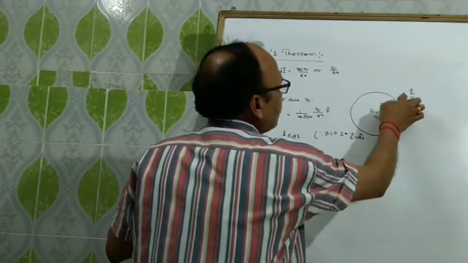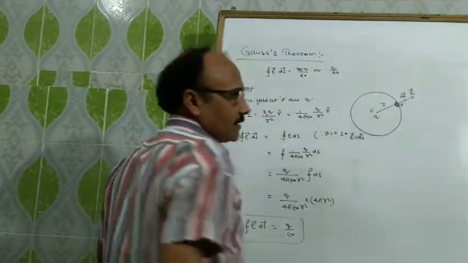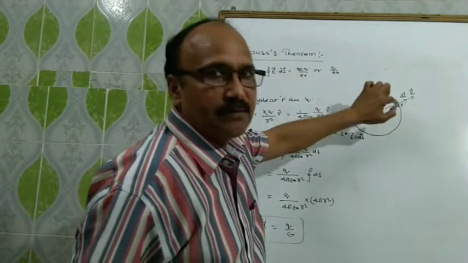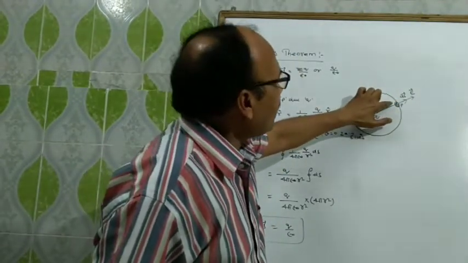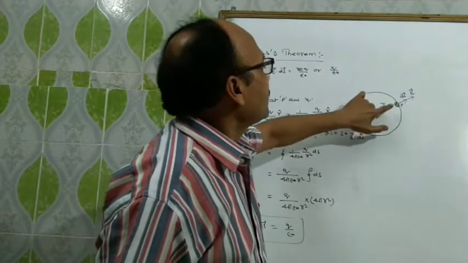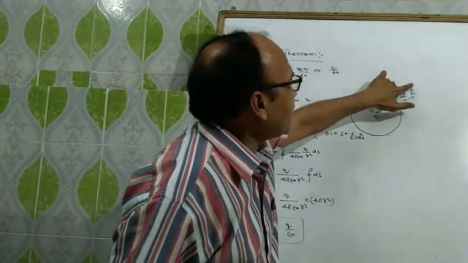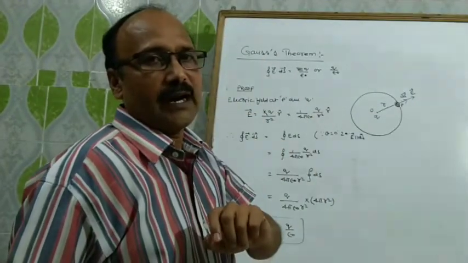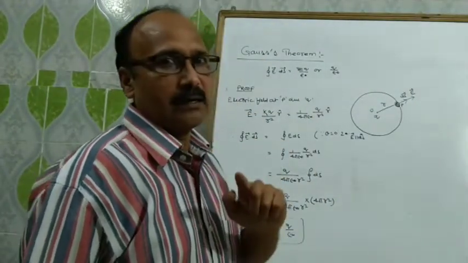Now we take a small surface area or area element ds around P. At this point you will see the direction of ds and vector E both will be the same and both will be radial.